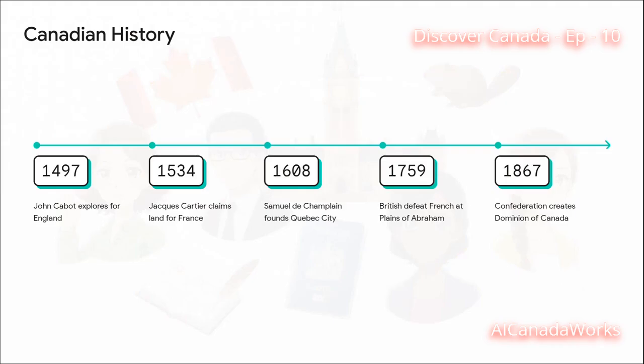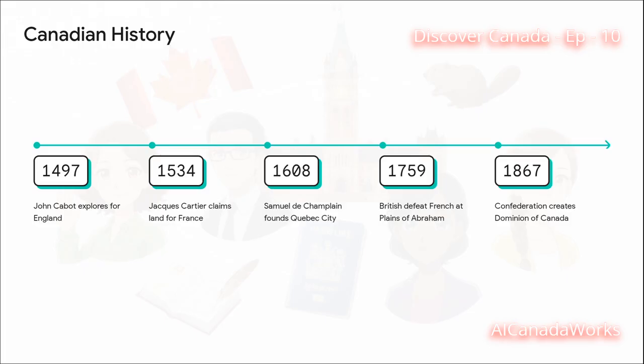So tracing Canada's historical timeline visually like this gives us some incredibly crucial memory anchors. It all starts with early exploration by John Cabot back in 1497, followed by Jacques Cartier claiming land for France in 1534. Those early explorations literally paved the way for permanent settlement, which led to Samuel de Champlain founding Quebec City in 1608.